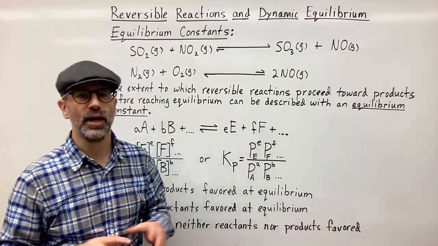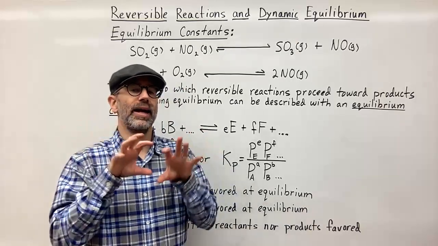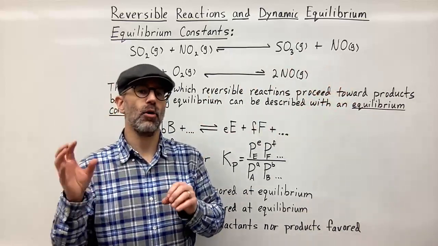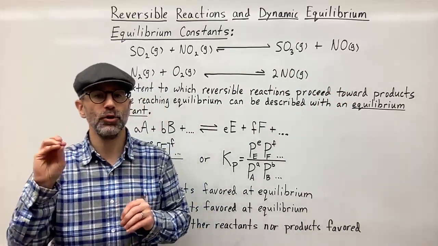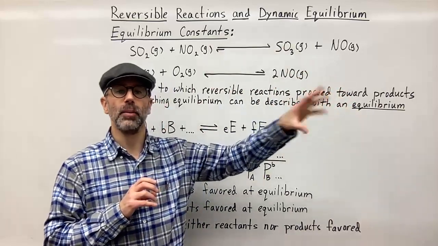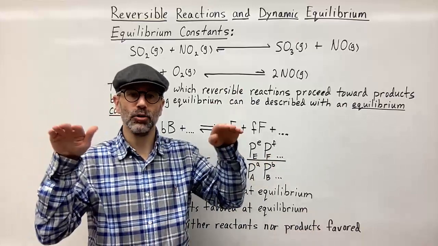What do I mean by that? What I mean is that when you reach equilibrium, you might end up with more products than reactants. So maybe most of your reactants get converted into products, and you end up with a bunch of product and a little bit of reactant at equilibrium.